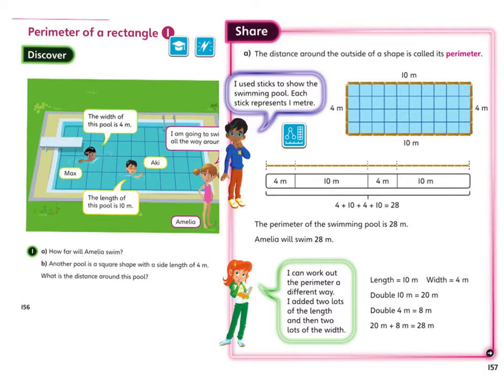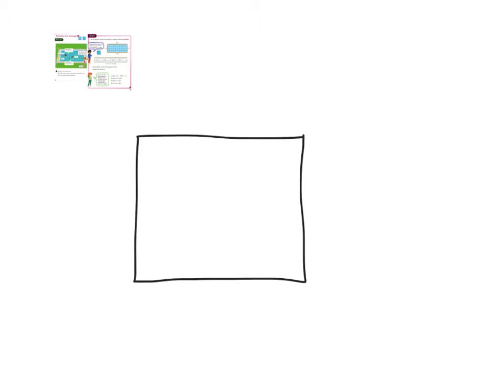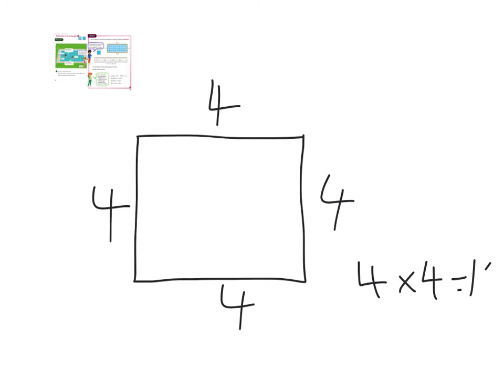So we draw a square, 4, 4, 4, 4, add the 4s together, and if you know your times tables, that's 4 times 4, it's 16, and it's 16 meters.